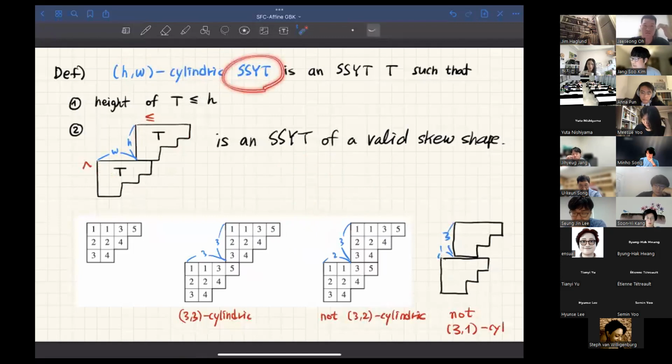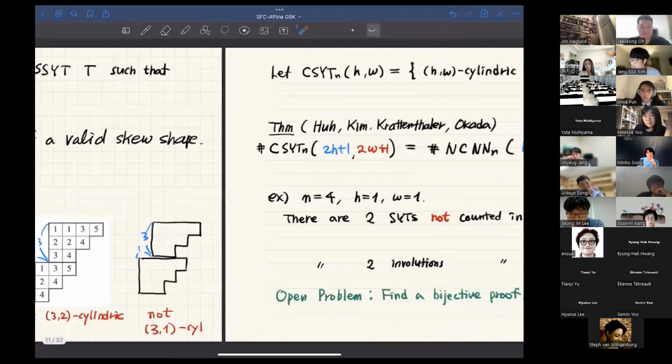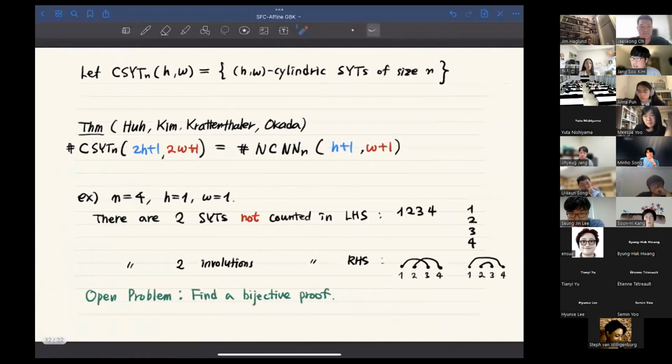I only defined SSYT, but you know the idea. A cylindric standard Young tableau is defined exactly the same way. Now let me define this set. CSYT HW is the set of all HW cylindric standard Young tableaux of size n.